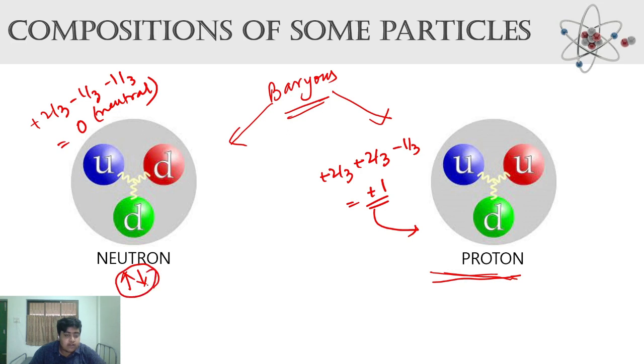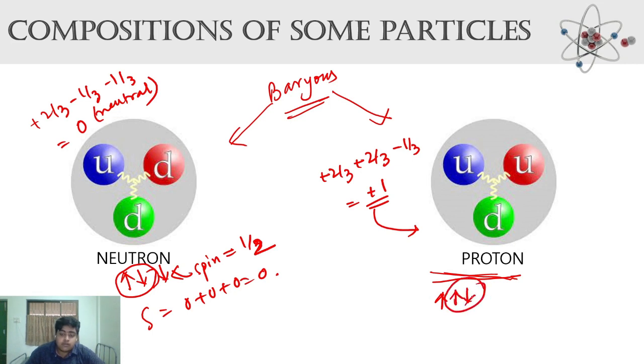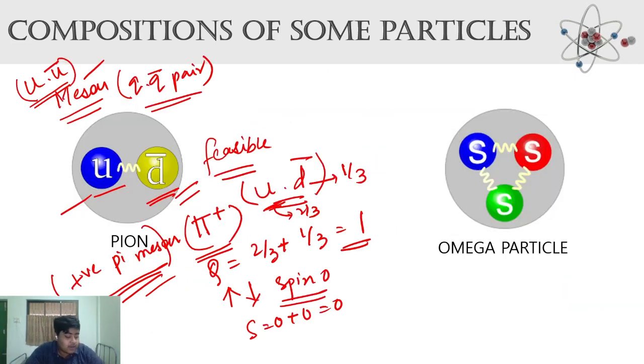These two will cancel out each other, and we have another down quark, so this will contribute the spin of half. And strangeness will again be 0 plus 0 plus 0, which is 0. For proton, same thing: up, up, and down. These two will cancel out, and this will contribute to half spin. And the strangeness will be 0 plus 0 plus 0, again 0.